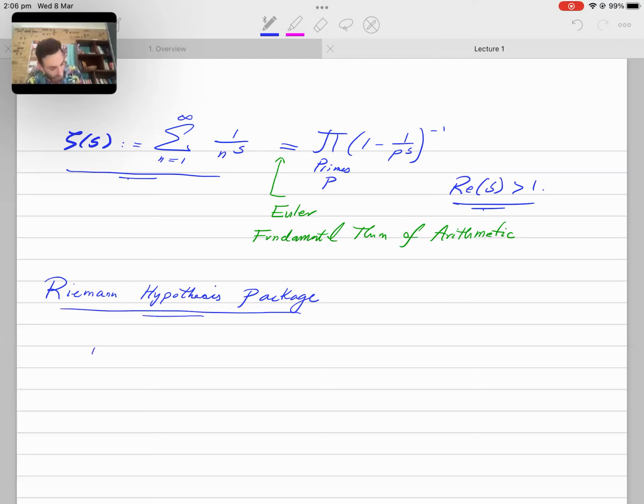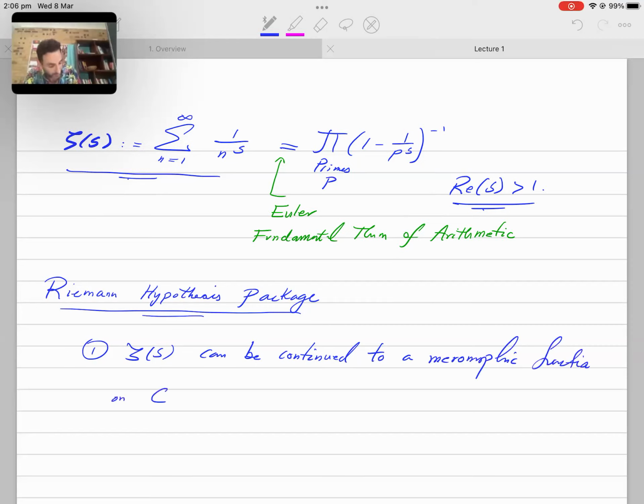First of all, the crucial observation of Riemann was that zeta can be continued to a meromorphic function on C with only one singularity, only one pole, a simple pole at s equals 1.